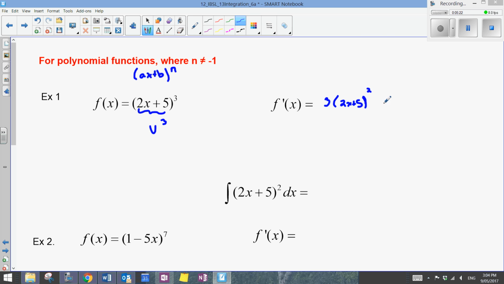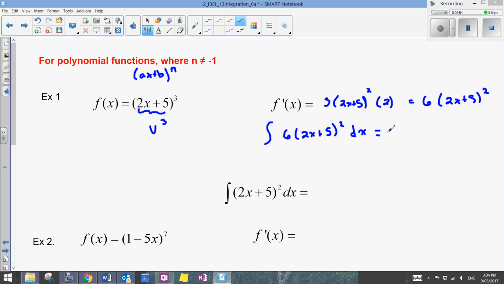But then we multiply by the derivative of the ax plus b form, which is 2, and we wind up with 6 times 2x plus 5 raised to the second power, because we dropped one. So if we work this backwards, to get back to where I started, let me take the integral of 6 times 2x plus 5, all raised to the second power with respect to x.